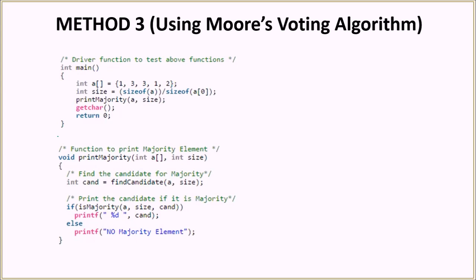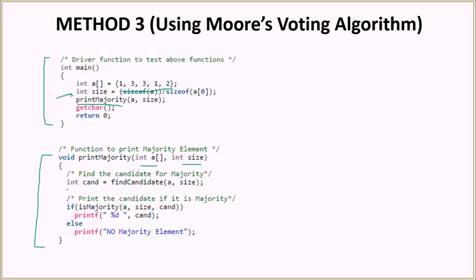Okay, so let's look at the code. This will be the driver function here. We are given the array, we are inputting the size, and then we are calling printMajority. This is the printMajority function. In this function, we get as an argument an array and its size.